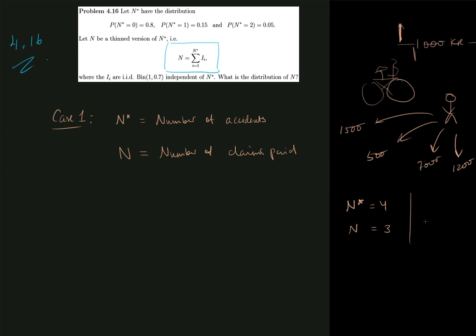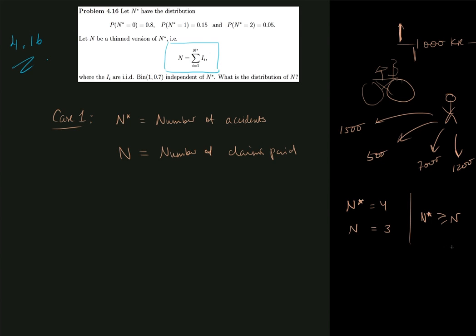No, that's not possible, because you can only pay at most as many claims as there are accidents. On the other hand, if we know that this guy has had 3 claims paid out, he can't possibly have had only 2 accidents. So N star is always greater than or equal to N.